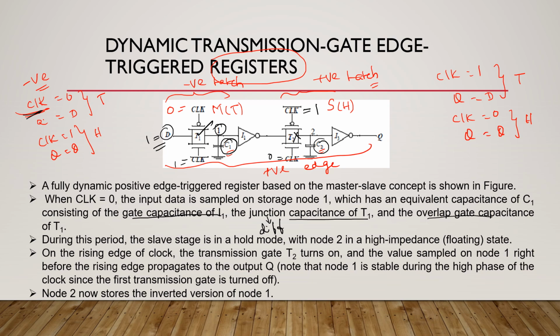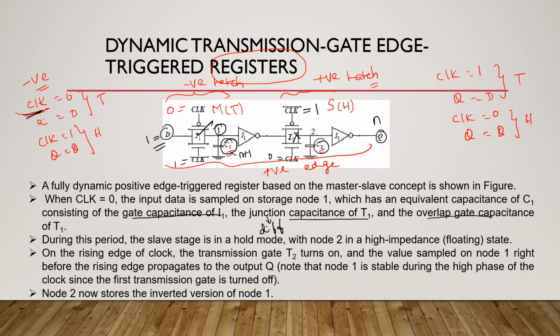The concept of master slave here. The first one now acts as the master, the second one acts as a slave, right? So C1 holds the next data, that is the n plus 1th data, and the second latch will hold the nth data. Both should not collide with each other.